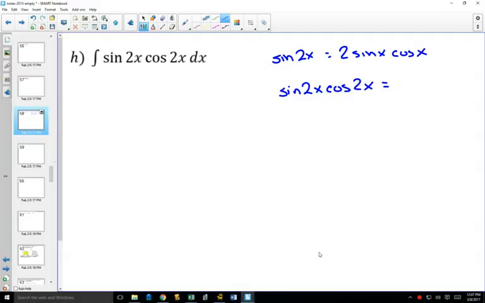Instead, I almost have the right-hand side of this identity, but I don't have a 2 in front. If I had a 2 in front, then this would be equal to sine 4x. Agreed?